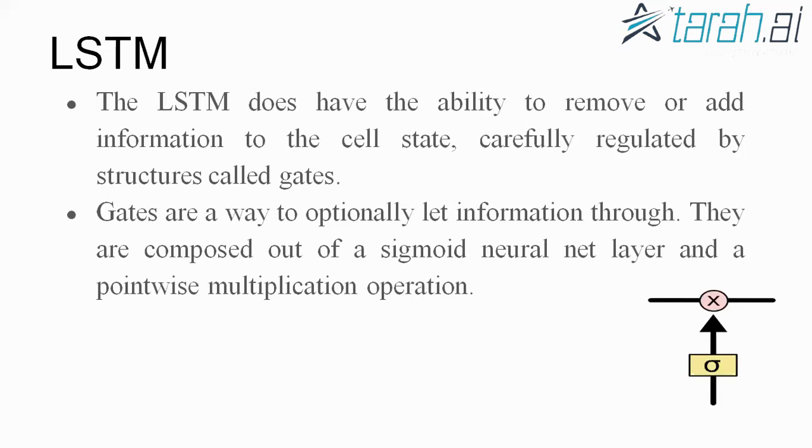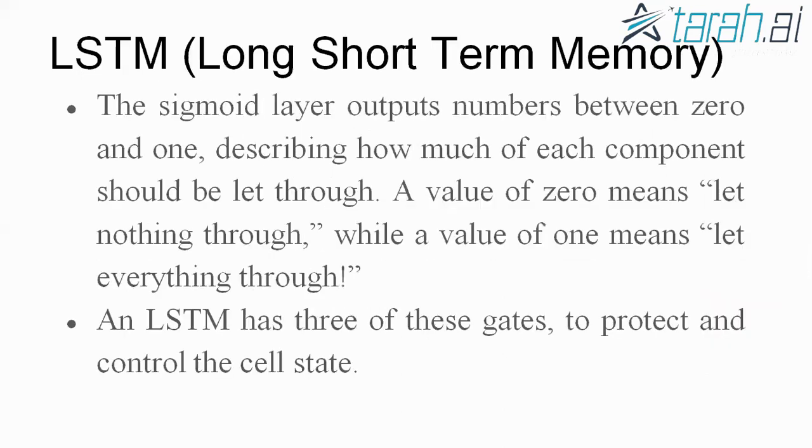So gates allow either information to go through to the next layer, or they retain some and make some information to be forgotten. So they typically consist of a neural network layer and some kind of a pointwise multiplication operation.